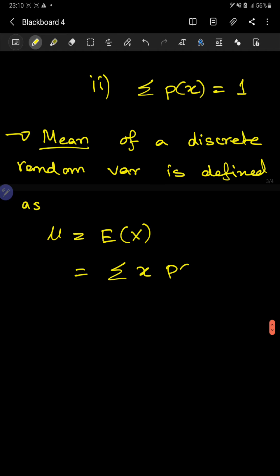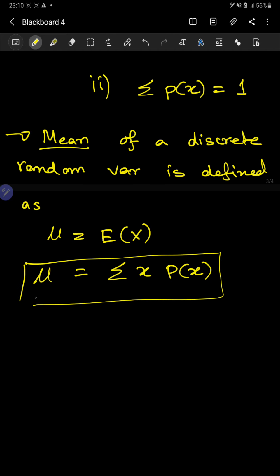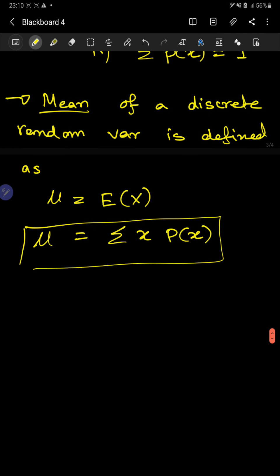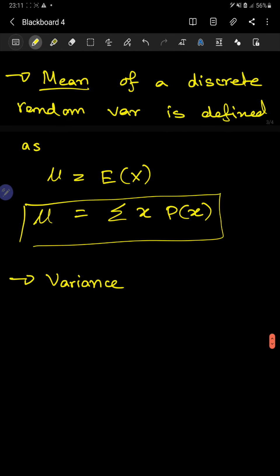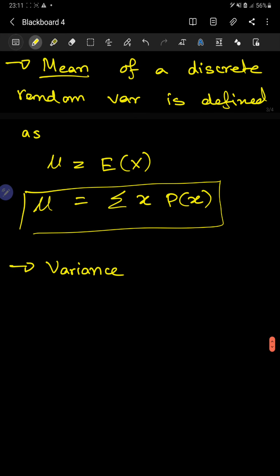We denote it as this. This is the mean. Mean is sort of like the average, if you all remember it from high school. It's like the arithmetic mean. It's the average of a set of numbers.